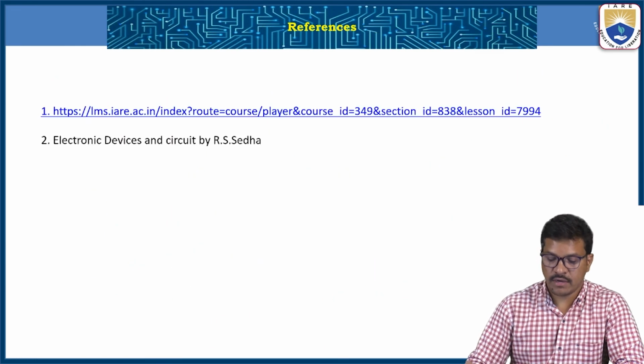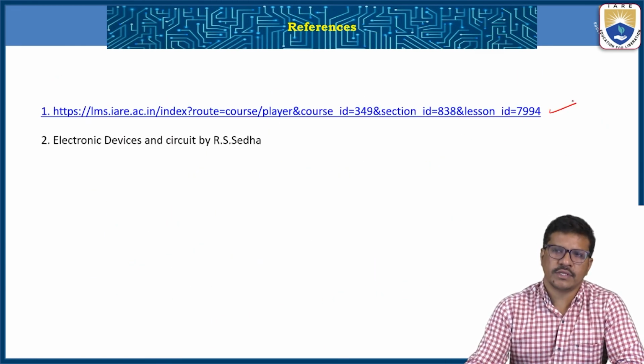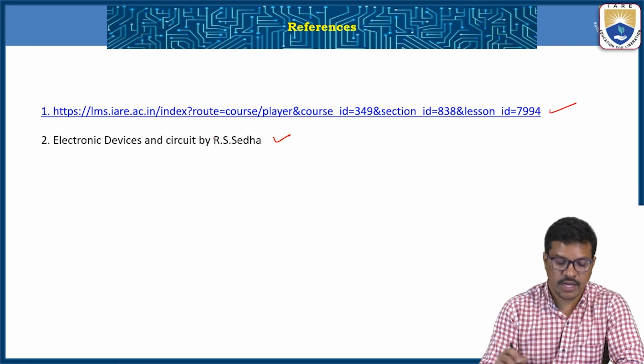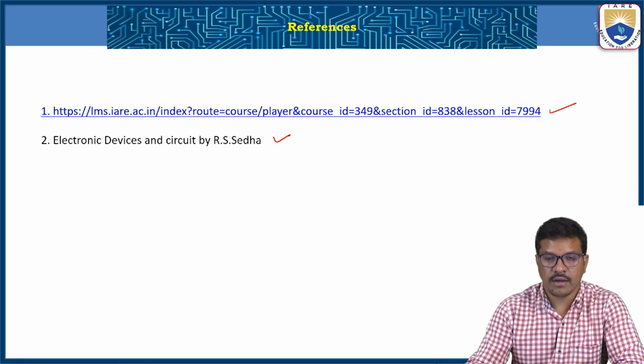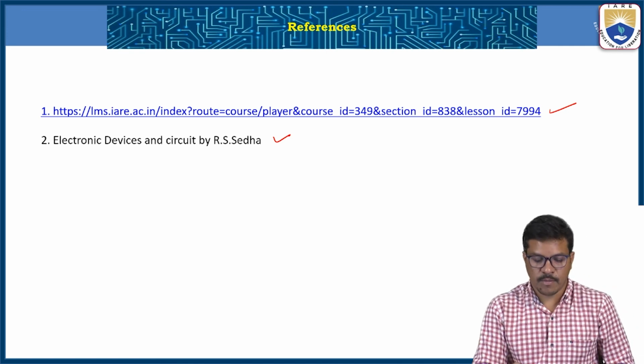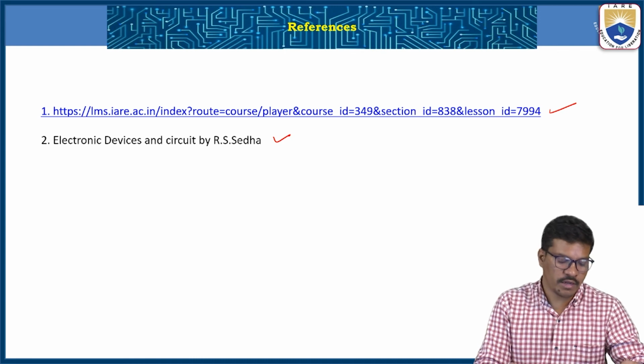If you take this kind of problems from the question bank, or you can take this problem from the Electronic Devices and Circuits by RS Sedha, or you can take from Salivahanan, for these simple problems for you people.